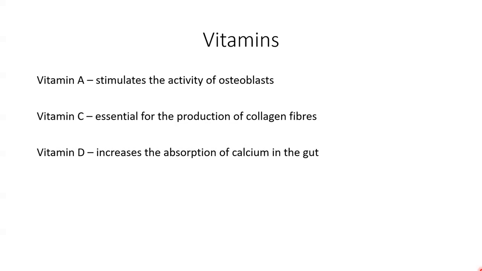Alongside the minerals that we just mentioned, several vitamins are also important for bone growth and remodeling. Vitamin A, for example, stimulates the activity of osteoblasts. Without osteoblasts, new osteoid or that bone extracellular matrix cannot be produced. Vitamin C is needed for the synthesis or the production of collagen fibers, which we know is the most prevalent protein fiber in the bone.